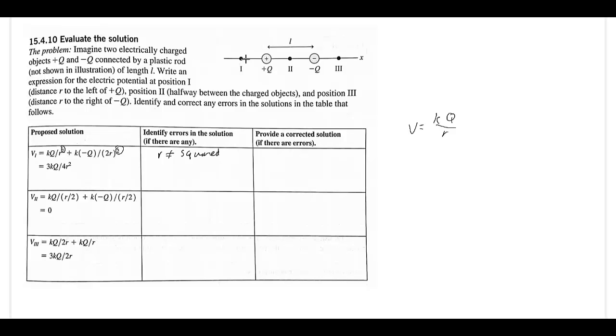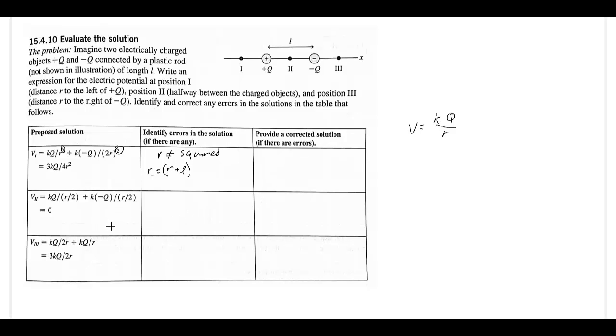That is the potential from the positive charge, plus k negative q over 2r. So here this person defined the distance from negative q to this as 2r. That's not true. The distance would be r plus L. That is what I would use for the correct solution.